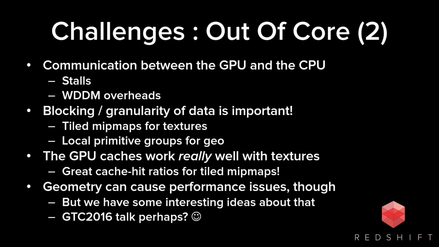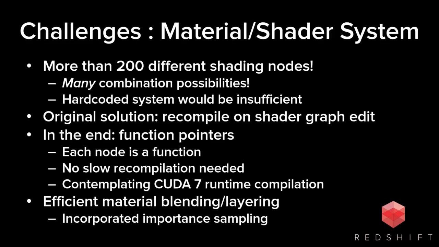You have the problem of certain rays bouncing out and getting geometry that's really far away from the main scene. We have done some optimizations to improve the performance there and not get too many cache misses, but there is more work to be done. So who knows? Maybe next year we're going to be talking about those solutions. So far, though, they do look promising. The other challenge has to do with the material and shading system.